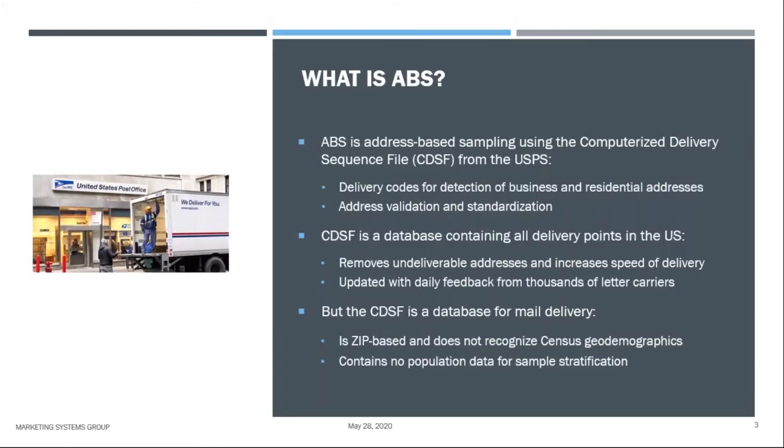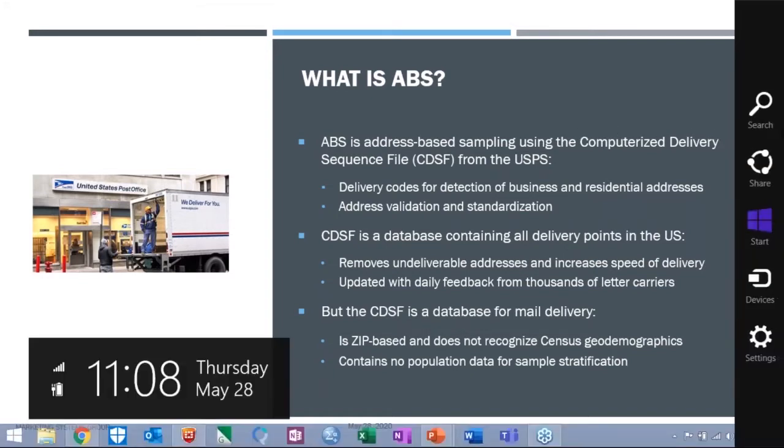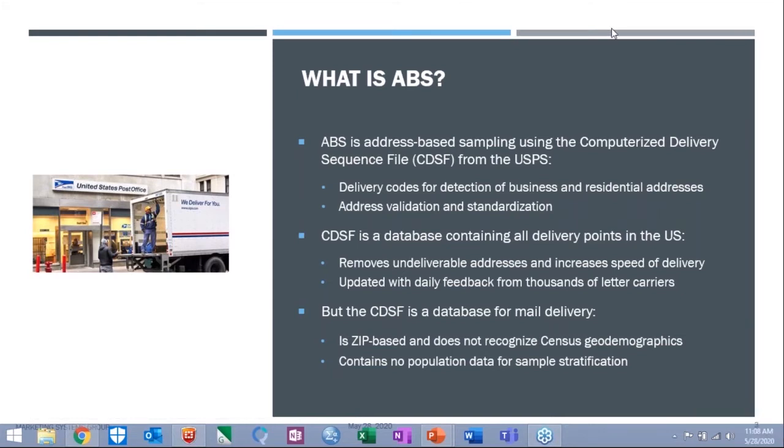So briefly, address-based sampling is a method of sample selection and survey administration that relies on the computerized delivery sequence file from the Postal Service. This is a database that USPS uses for mail delivery. It delineates various address types, including residential and business addresses, and it provides address verification, validation, and standardization.